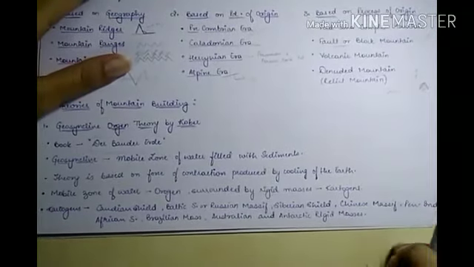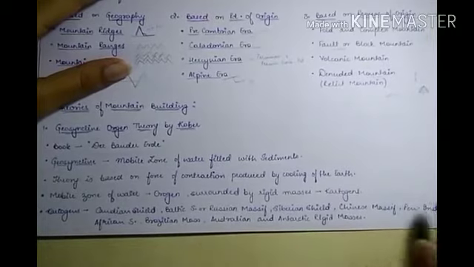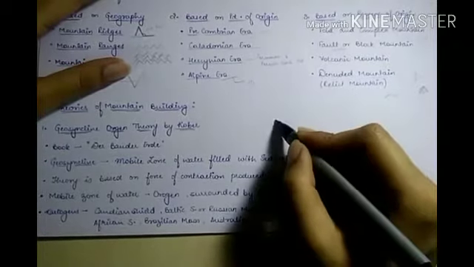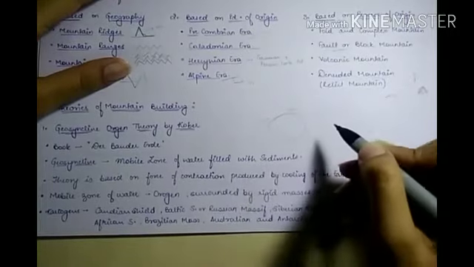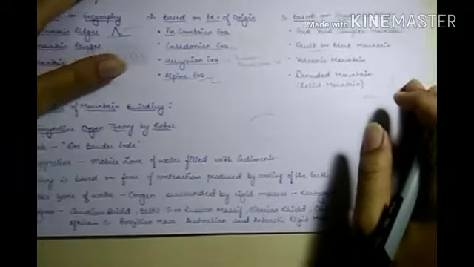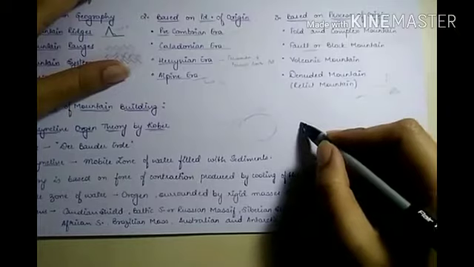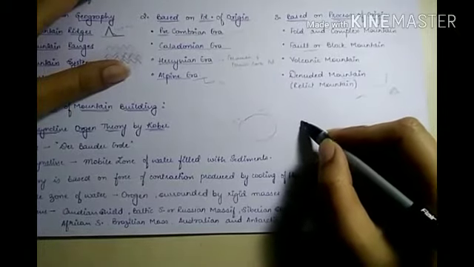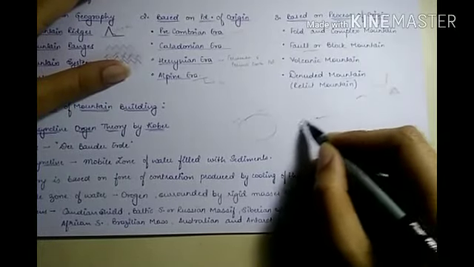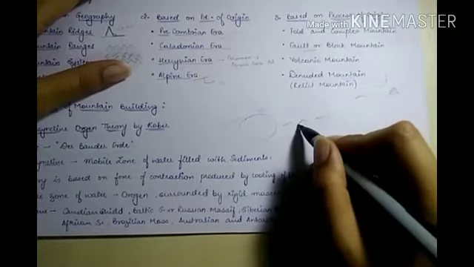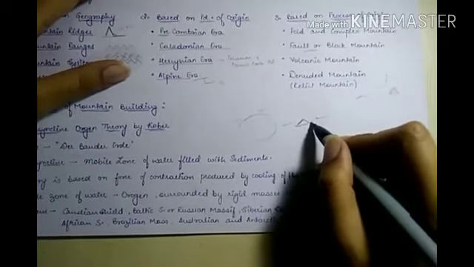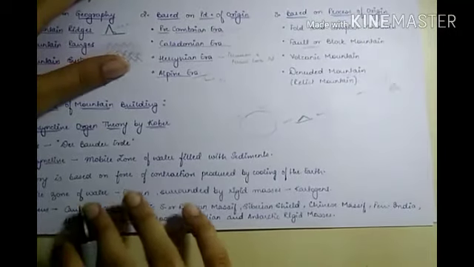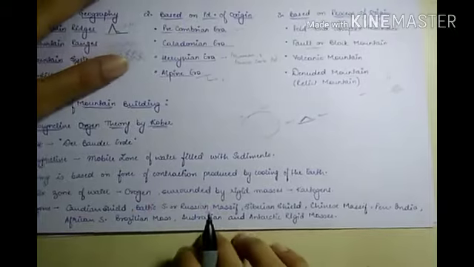Kober gave this theory, and it is based on the concept that our Earth is cooling down. Because it is cooling down, it is contracting, and this contractional force is leading to the formation of mountains. How it leads to the formation of mountains, we'll see later. This is what his theory is based on.